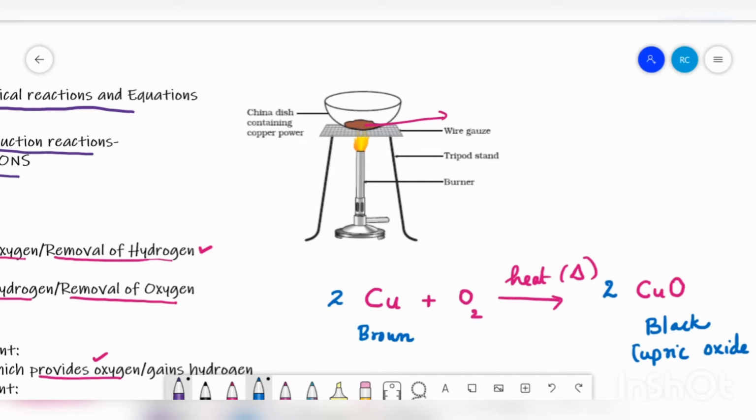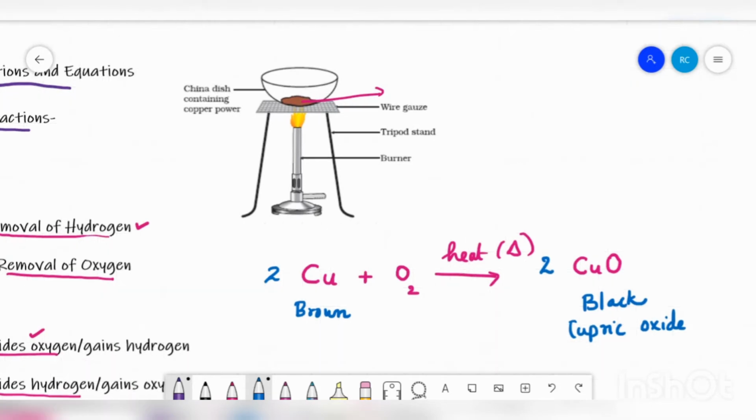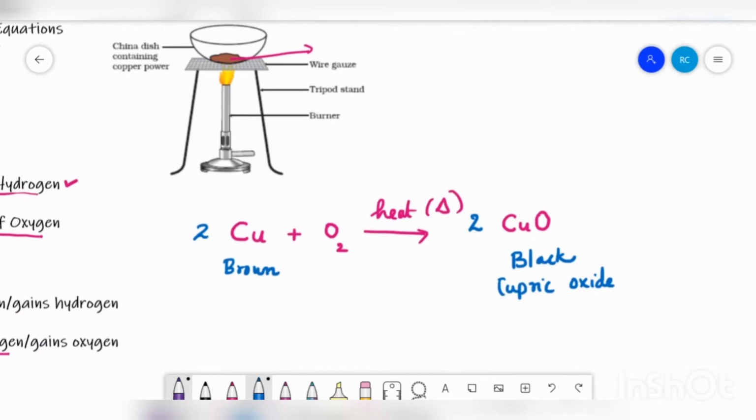Now the same cupric oxide, you are passing hydrogen gas. So what will happen to the cupric oxide next? I'm writing another equation here. Black cupric oxide, CuO, is allowed to react with hydrogen gas.